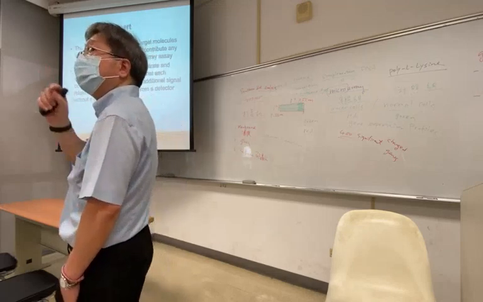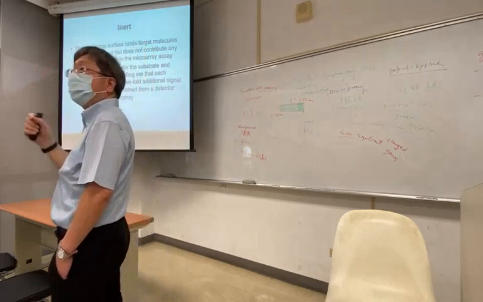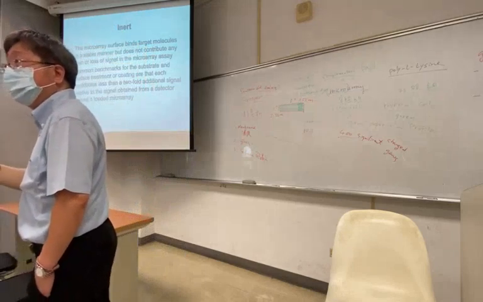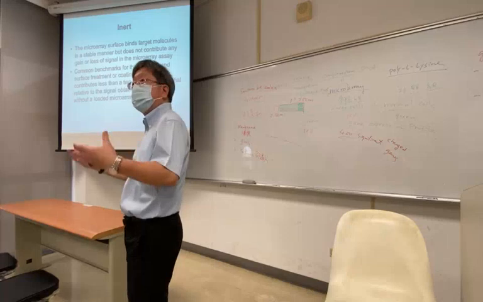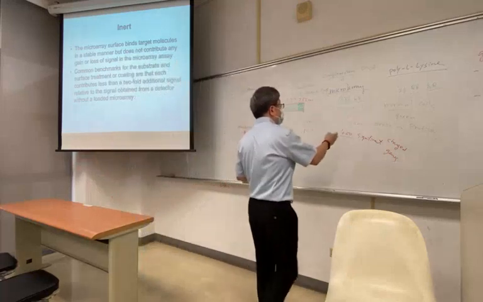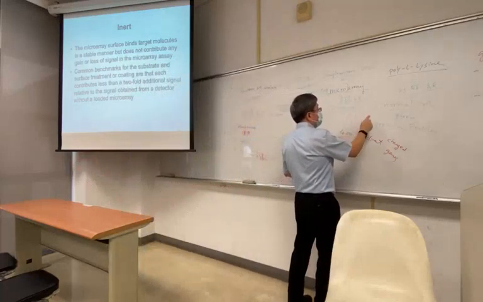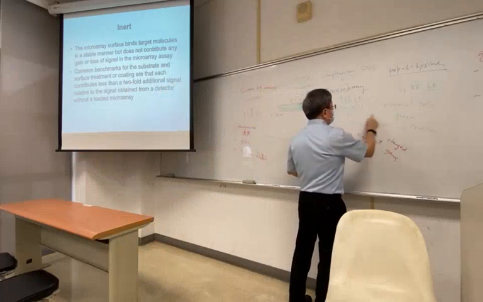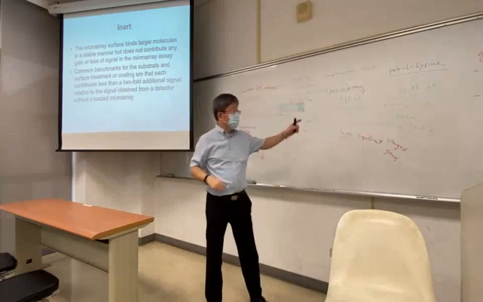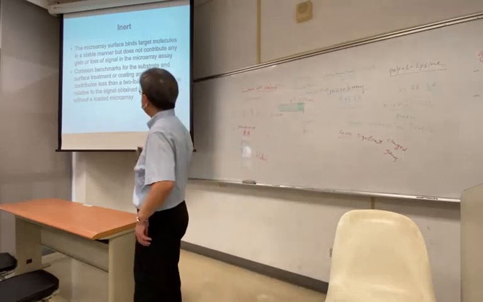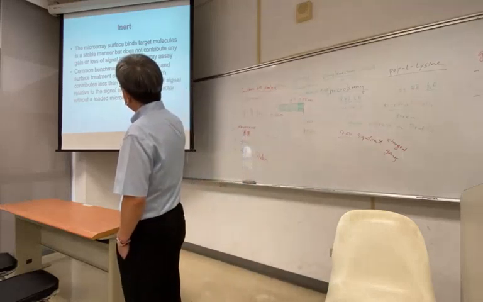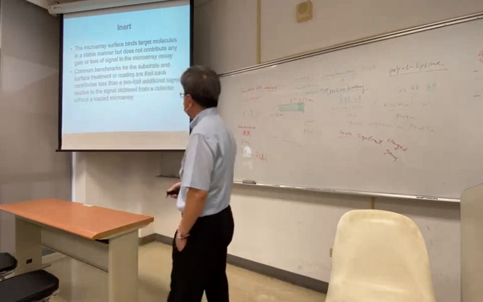I told you, it should not have any autofluorescence. If you use something fluorescent, it will affect the signal intensity between red and green. So that's why it doesn't gain or lose signal in the assay.